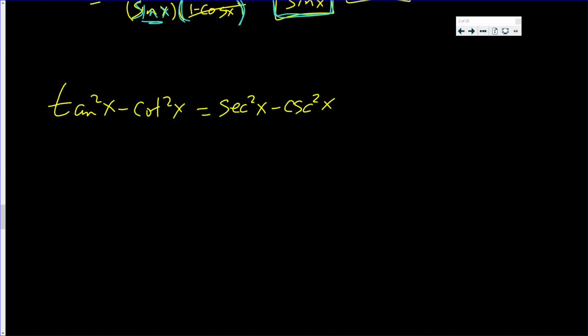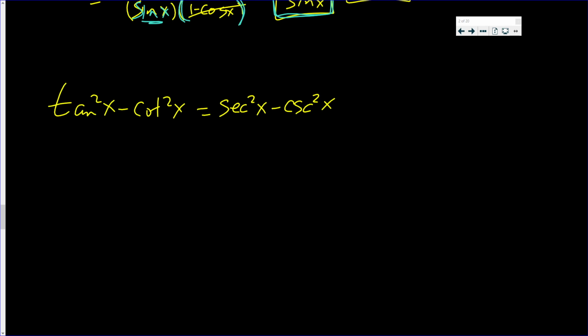One side is squaring tangent x and cotangent x, which isn't sine or cosine. And the right-hand side is squaring secant x and cosecant x, none of which is sine or cosine. So we have symmetry there.